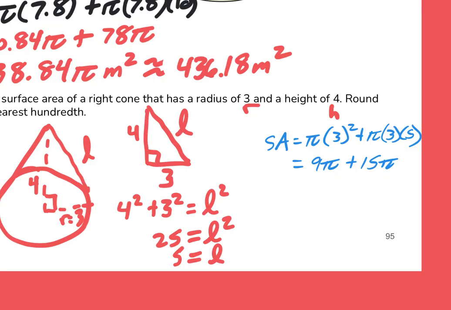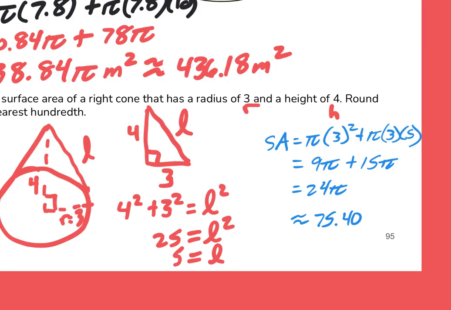So then 9 pi plus 15 pi is 24 pi. And then we can put that into our calculator. What's the decimal? 75.398. Okay.